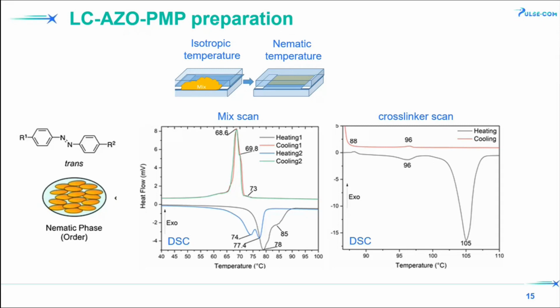On the left is a mixture of 100% azobenzene cross-linker and linear polymer, let's say. Let's see if I can put a pointer. Yes, you see that between the two melting points, you can't really see where the nematic range is, because in this kind of mixture the nematic range is so short that you need another approach to find out.